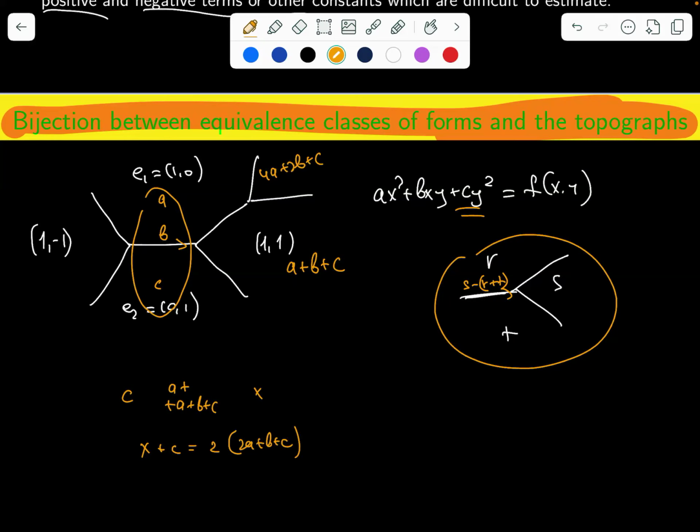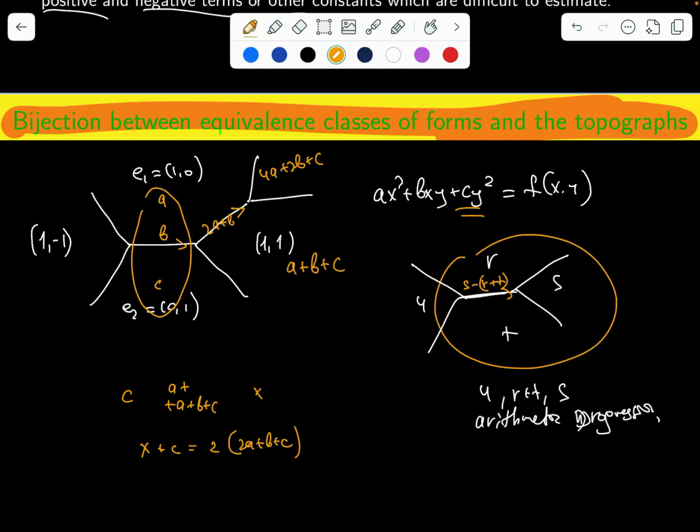Because we have this rule that if we have R, S, T, U, then U, R plus T, and S must form an arithmetic progression. Okay, and what is the value on the edge here? The value on the edge must be 2A plus B, I think.